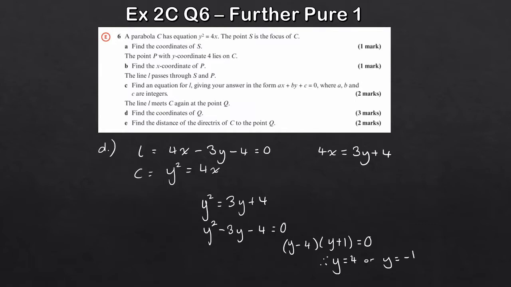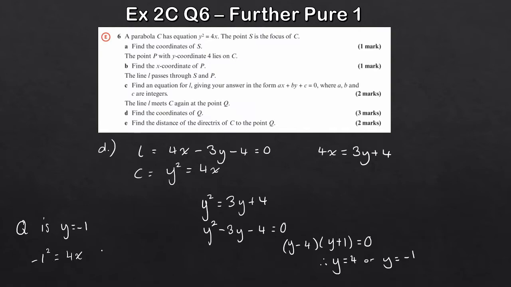We've already obtained the y equals 4 solution. That was the 4, 4. So we don't need to bother with this one. We just need to consider this y equals minus 1. So that's the point Q. All I need to do now is substitute this back into my parabola C. So y squared, when y is minus 1, minus 1 squared is equal to 4x.